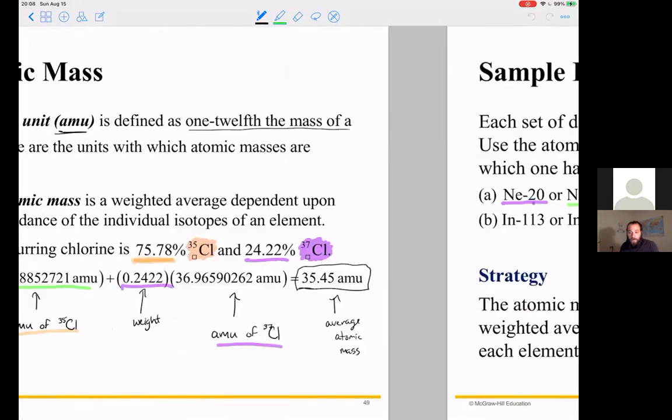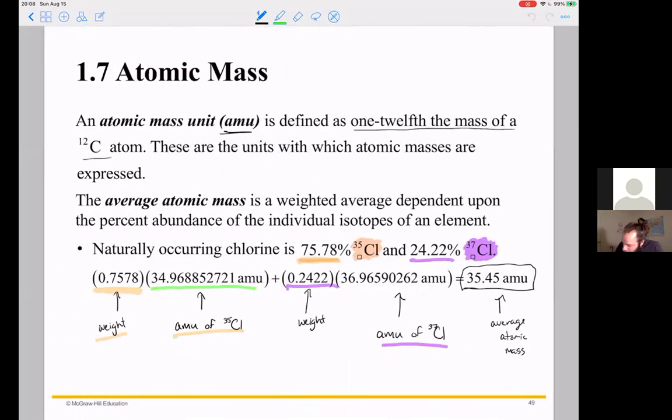I'll show you that the math really isn't too bad, but when you look at a problem like this, your eyes just go a little crossed with all those digits. Again, that number was basically 35 and the other number was basically 37. But because we're good scientists, we have to use all of our digits. And that's really what makes these problems difficult, because the math isn't, it's just the big ugly looking numbers and how scary it looks.